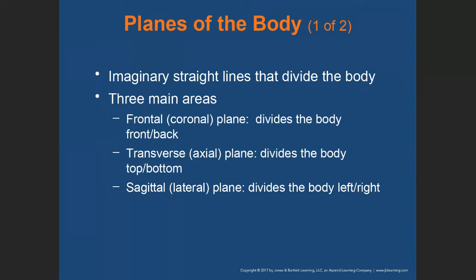You have the transverse or axial plane, which divides the body into a top and bottom portion, or superior and inferior portion. Then you have the sagittal, which is a lateral plane, which simply divides the body into left and right. And then you have the mid-sagittal, which divides the body into equal halves.